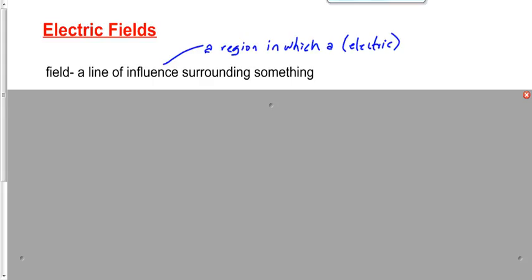A region in which a force could be experienced by an object. Let's say could be experienced, because it depends on whether the object is there, right? It's not going to experience the force if the object isn't there. So a region in which an electric force could be experienced by a charged object. Okay, it's influence that surrounds something.